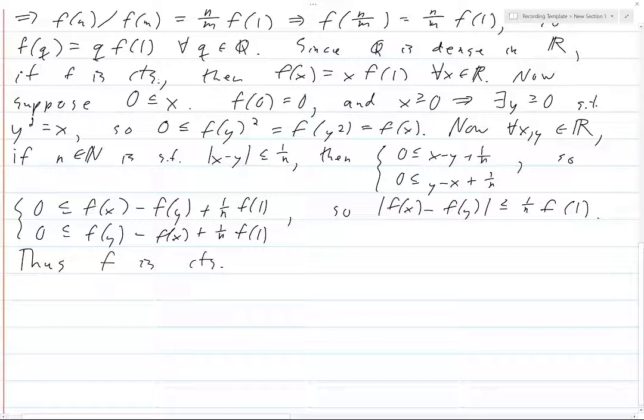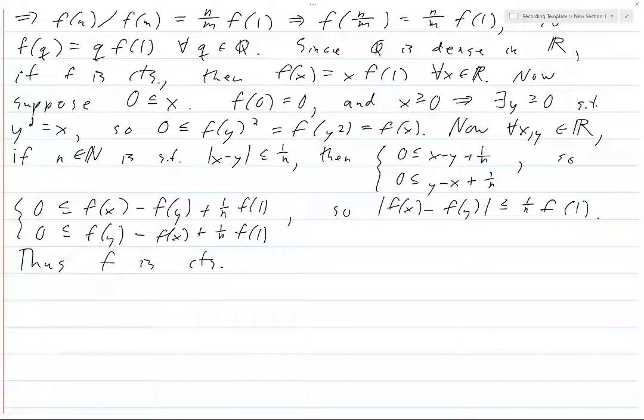CTS means continuous. And so it should be kind of clear how to do a delta epsilon argument here, because given an epsilon, you want to prove a delta such that if x and y are within delta of each other, then f of x minus f of y are within epsilon of each other. So epsilon will just be your 1/n.